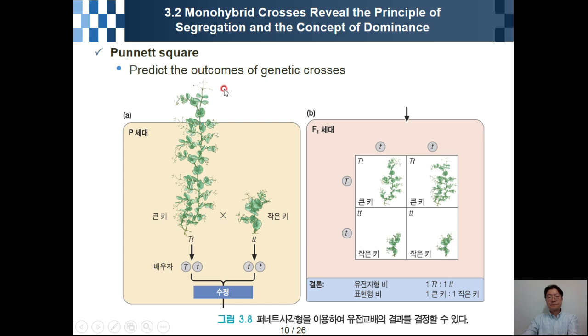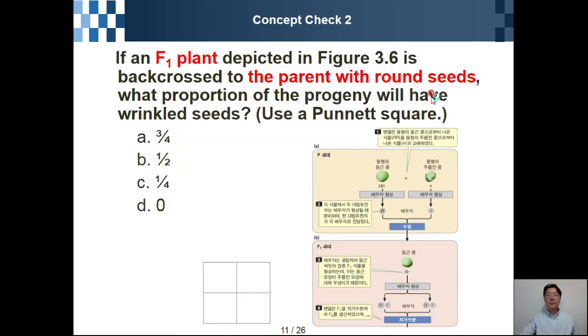Okay. So in this slide, we will solve concept check 2. The question was: the F1 plant is backcrossed to the parent with a round seed. So okay, one parent has large RR, and it means the shape is round. The other parent has small rr, and the shape was wrinkled.